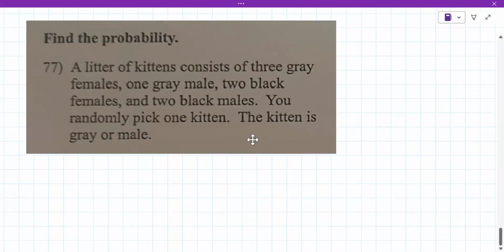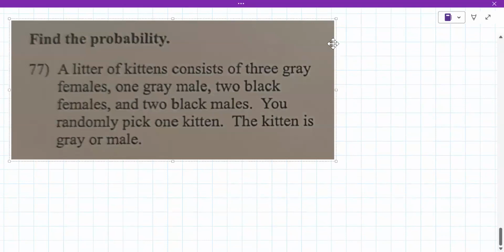All right, number 77. A litter of kittens consists of 3 gray females, 1 gray male, 2 black females, and 2 black males. You randomly pick one kitten. The kitten is gray or male. There's a couple of ways to do this.